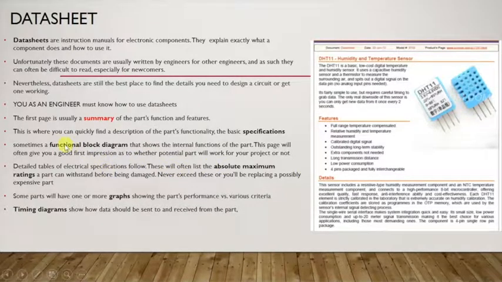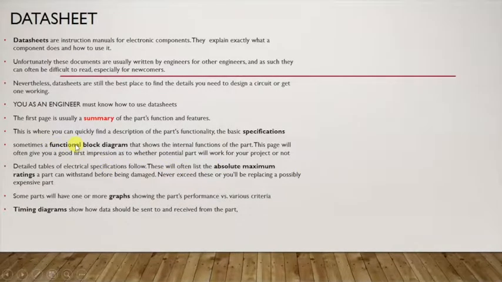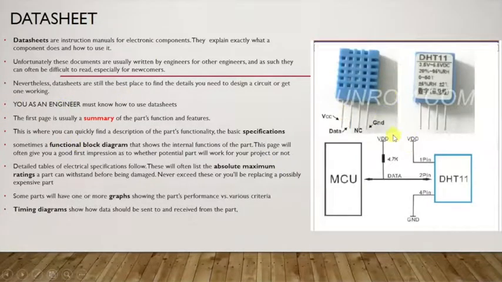Sometimes it also includes a functional block, which shows what the pins are, the names of the pins, and how they are connected. For example, as you see, there are 4 pins: VCC, the data pin, the ground, and a non-connected pin. And it explains how it connects to your microcontroller.